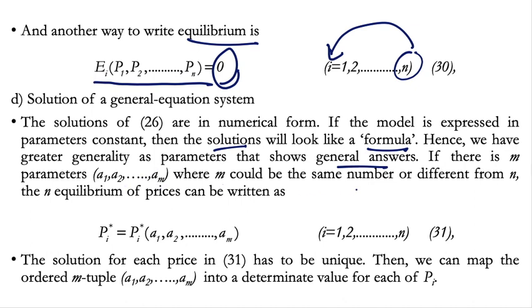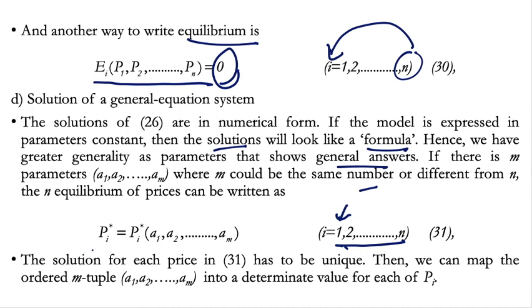So m could be the same number as or different from n, because it depends on whether you have an intercept or not. Here, the equilibrium prices can be rewritten as P star for commodity i, which depends on coefficients a1, a2 until am, for commodity i from 1 until n commodities.